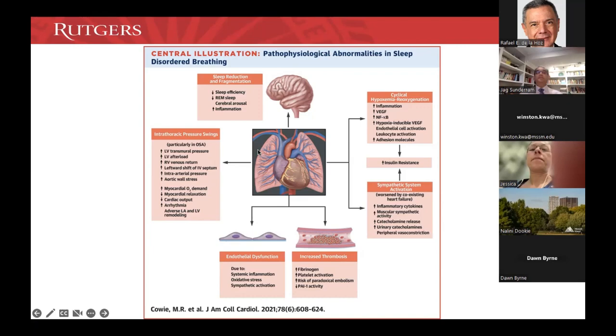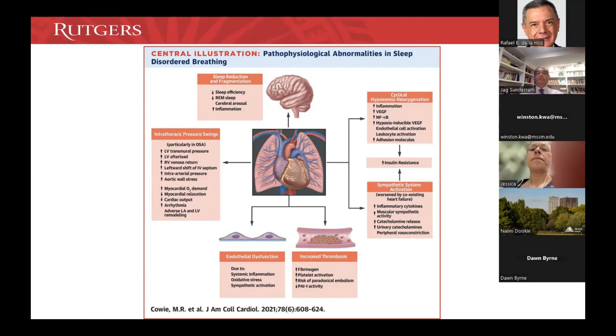And the change in intrathoracic pressure because of the repeated obstructive events potentially leads to an increase in LV transmural pressure, an increase in afterload, and an increase in venous return.